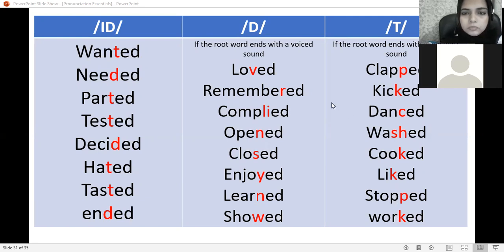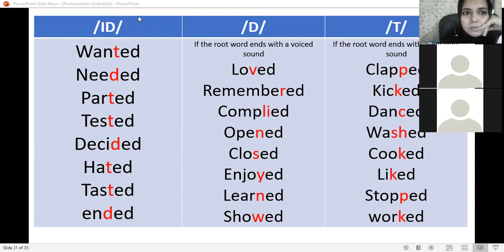Let's go. This one? Yeah, clapped, kicked. Start from id, da, ta. Which one? Oh, the first column, yes. Wanted, needed, parted, tested, decided, hated, tasted, ended, loved, remembered, complied, opened, closed, enjoyed, learned, showed, clapped, kicked, learned, no, learned.